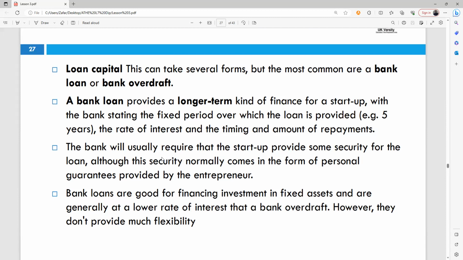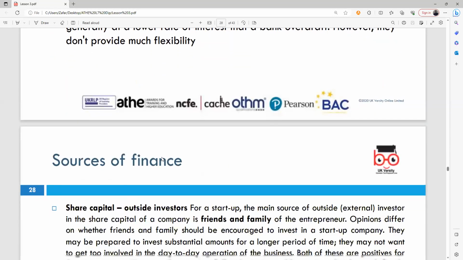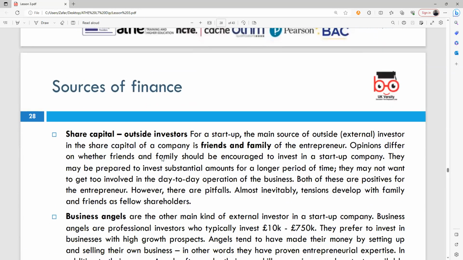There are many factors. So when you look at these finances, you need to take these factors into account: what you need, how much you need, why you need it, the cost of loans, and whether you need them. There are different types of finances for different types of purposes.